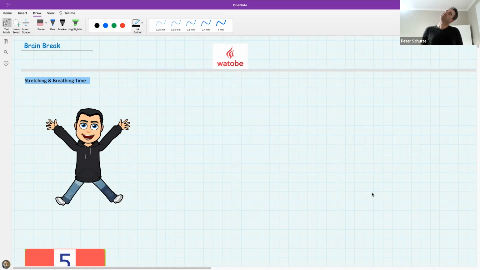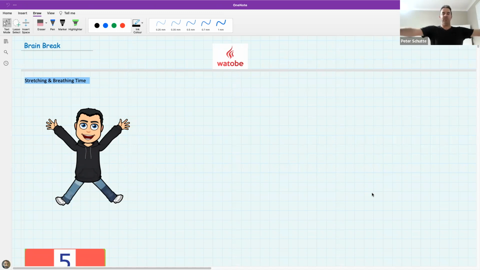Let's stretch our necks. Hold them to the side. 1, 2, 3, 4, 5. Switch to the other side. 1, 2, 3, 4, 5. Okay. Maybe just check that your neck muscles are okay. I can feel my left side is quite tight. Just stretch your neck out.